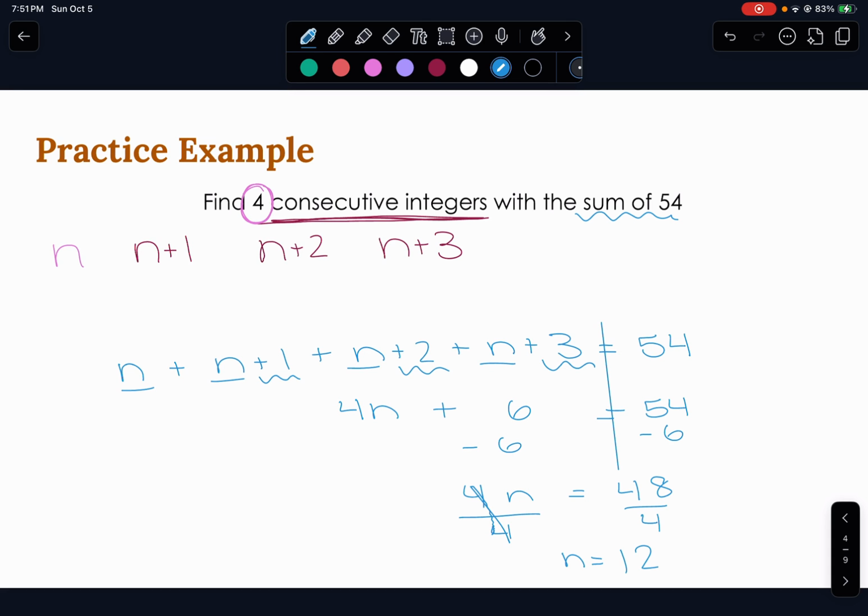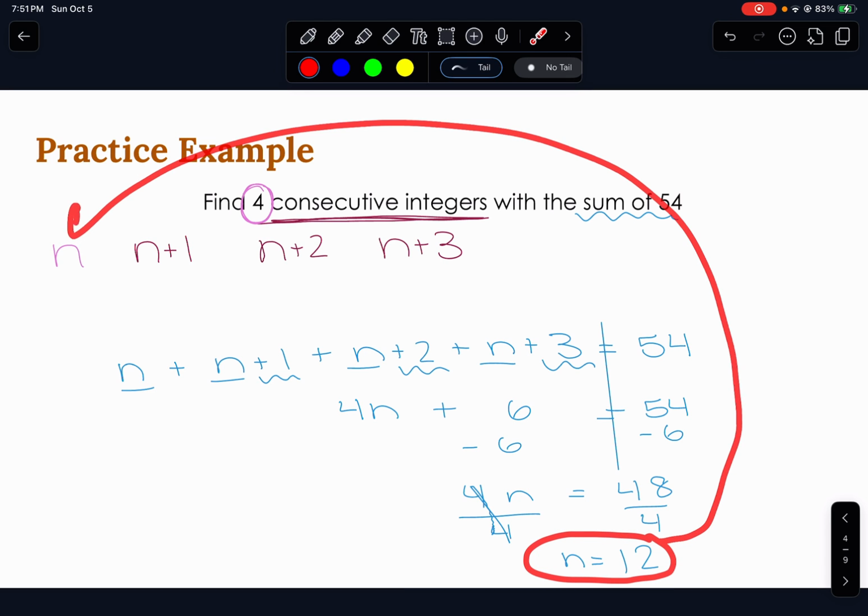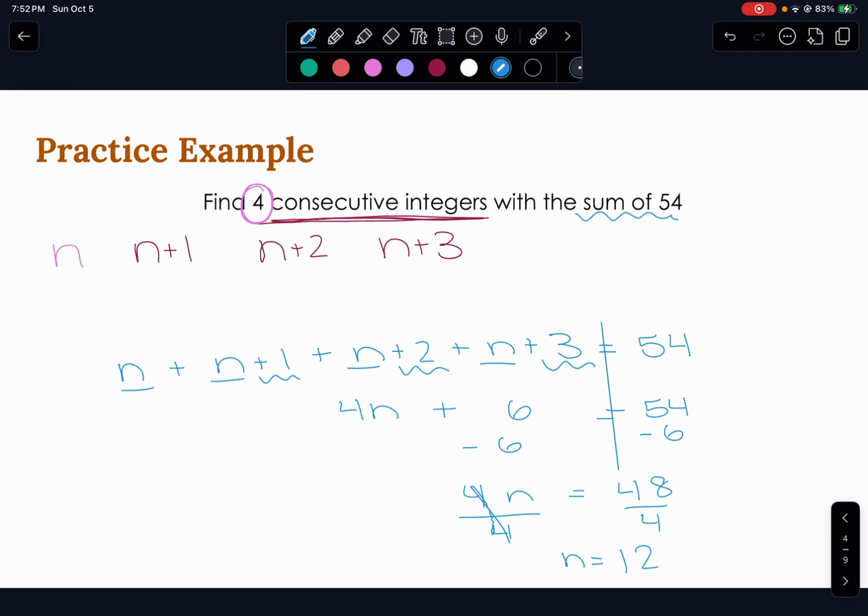So what that tells me is my starting number is 12, because I just found what n is. n is 12. So to find those 4 consecutive integers, I take what n is and plug it into each of these expressions up here. So I know n is 12, so this is just going to be 12. n plus 1, well, 12 plus 1 is 13. n plus 2, well, n is 12, so 12 plus 2 is 14.